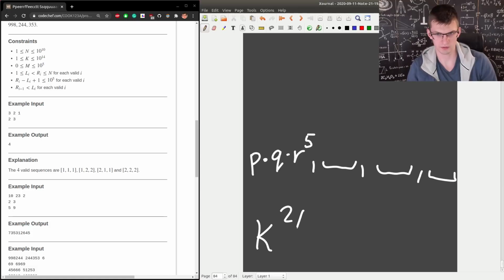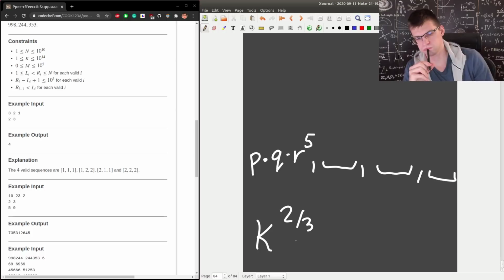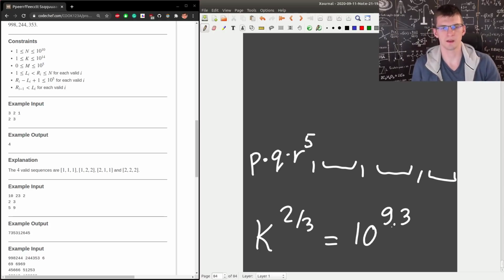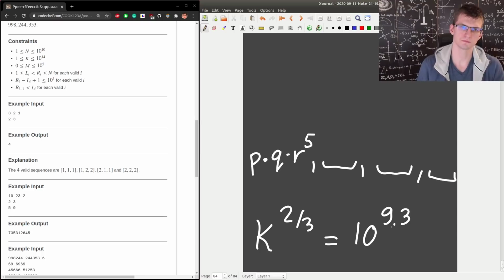That's k to 2 over 3... 10 to the power 9.3, so that's not it. But it seems important to count primes up to k.